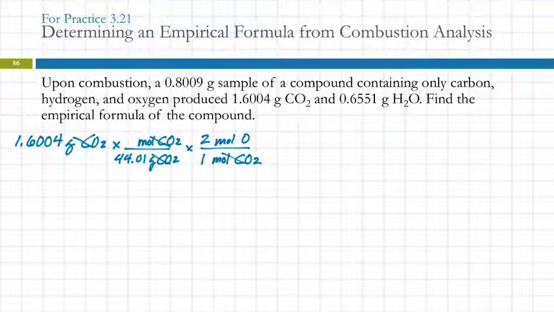But let's stop and think about, what did we do in the empirical formula calculations? We took the mass of the element and turned it into moles of the element. So if we stop here, we're going to have moles of the element, right? So let's just stop there and write that down. 1.6004 divided by 44.01 times 2. 0.0727.